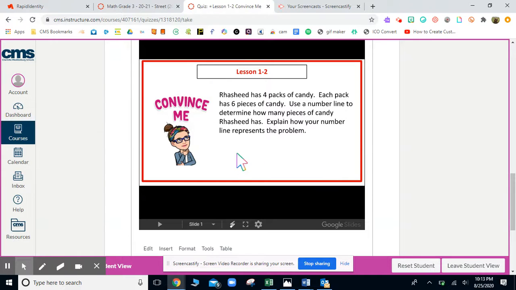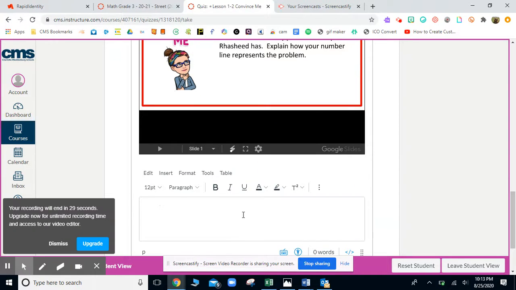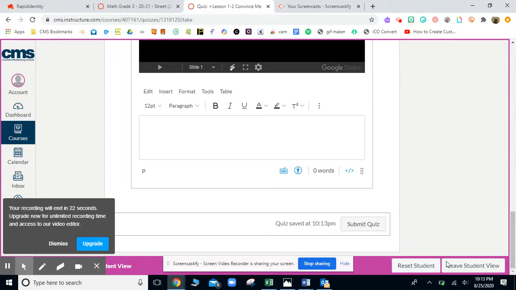This one is just reading the word problem, using a number line to determine how many pieces of candy Rashid has. So again, they won't be able to draw their number line here, but they need to write their equation and explain their answer. And then finally, they submit their quiz.